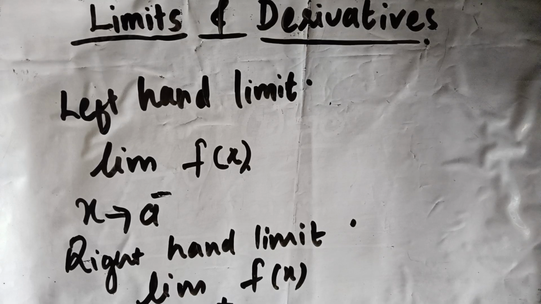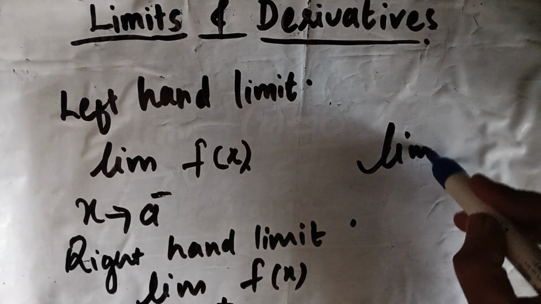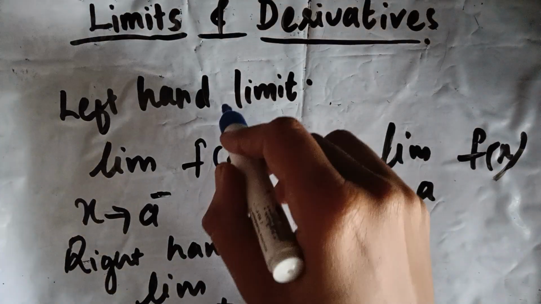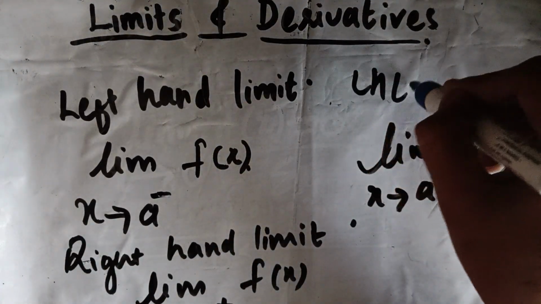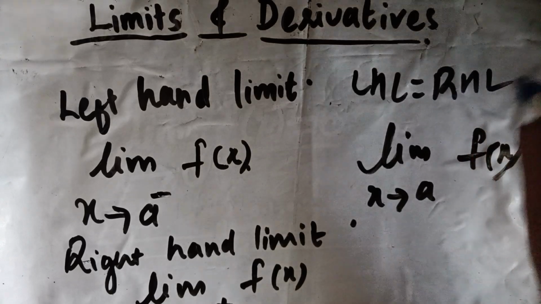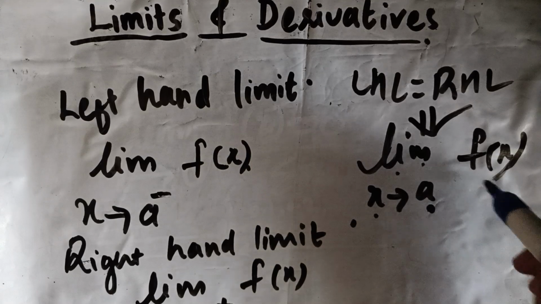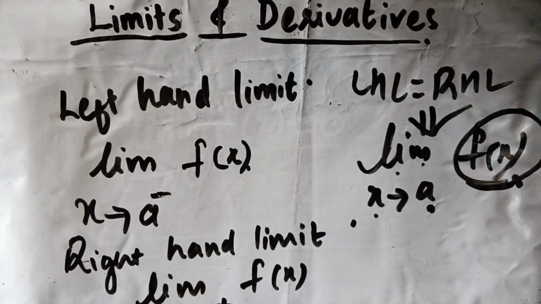Now if the right hand and left hand limit coincide, we call that common value the limit of f(x) at x equal to a. And we denote it by limit as x tends to a of f(x). So when the left hand limit equals the right hand limit, that time we write this as limit as x tends to a of f(x).